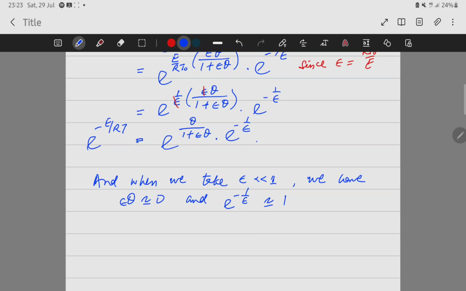So this implies that e raised to power minus E over RT will be equal to e raised to power theta into 1 plus 0, which is e raised to power theta. So that's how it is done there, and this is the assumption that is made in that paper. Thank you.